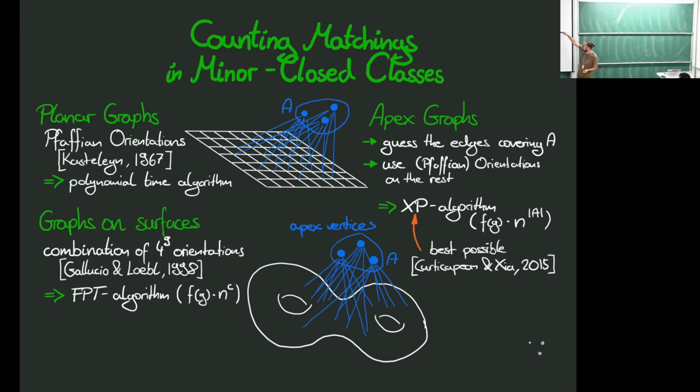If A is really big, can we not do better? It turns out this straightforward algorithm, guessing all the ways to cover A, deleting these and counting the matchings in the rest, is the best possible algorithm we can find. That's done by Curticapean and Xia, and this is already 2015.